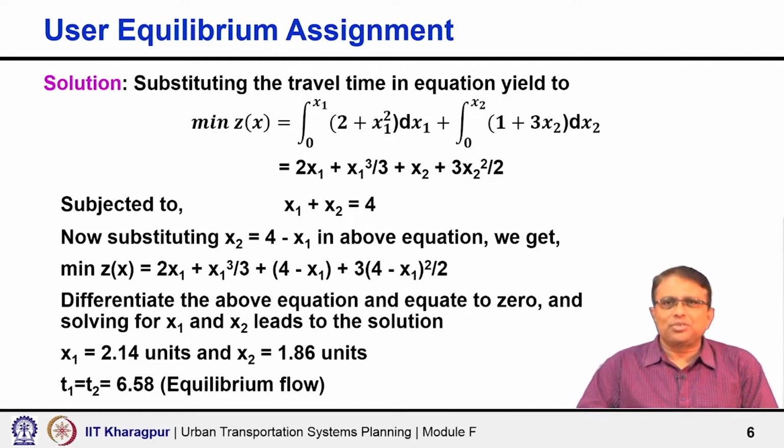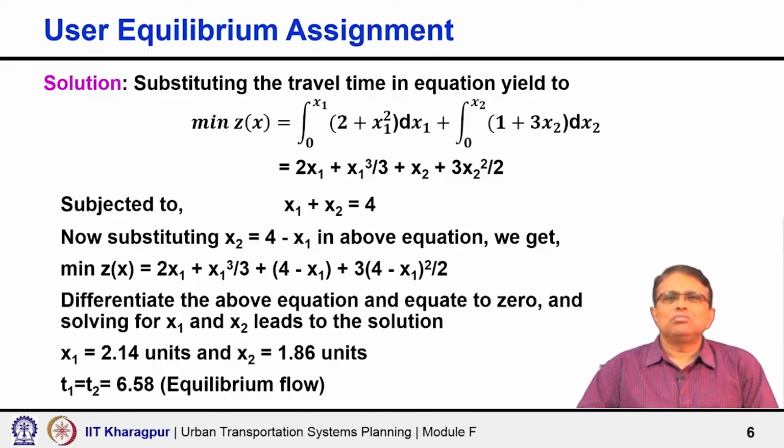2 plus x1 square dx1 from 0 to x1, plus 1 plus 3x2 dx2 from 0 to x2. So, I find out the values: 2x1 plus x1 to the power 3 divided by 3, plus x2 plus 3x2 square by 2.